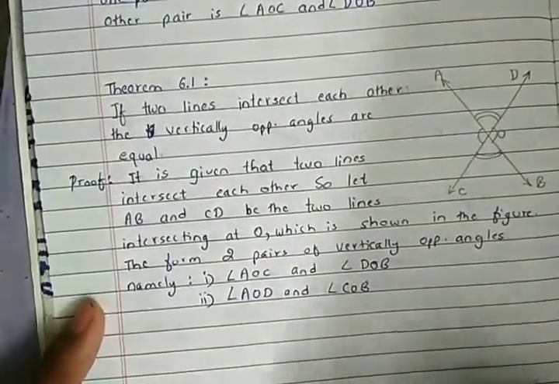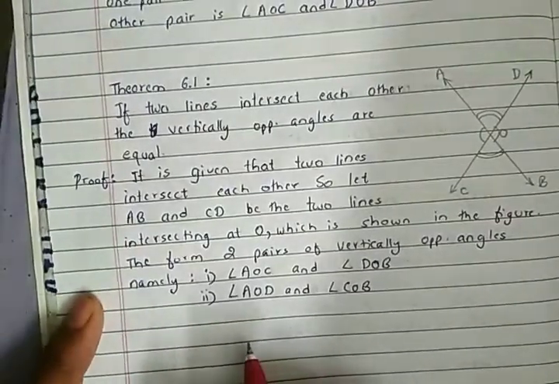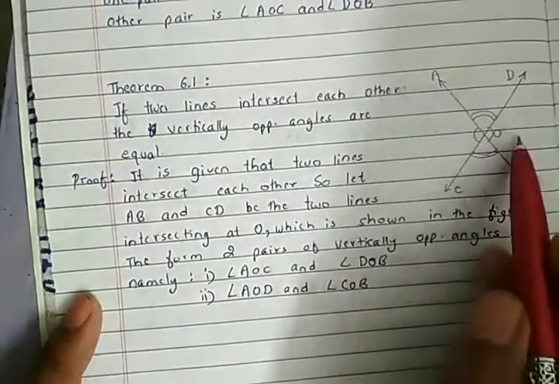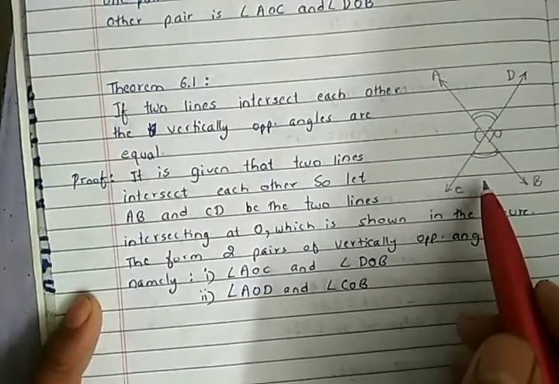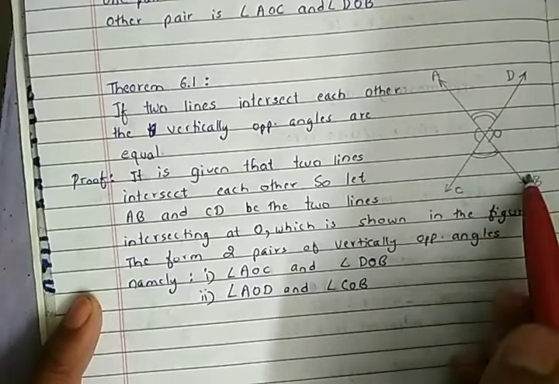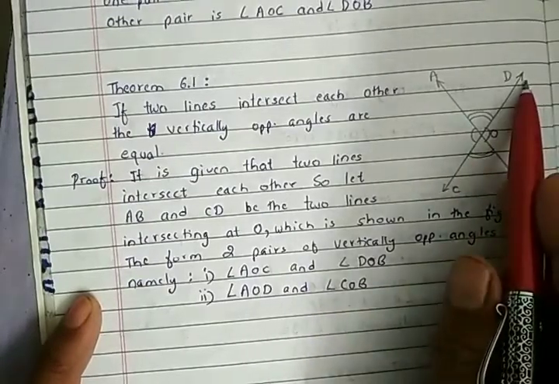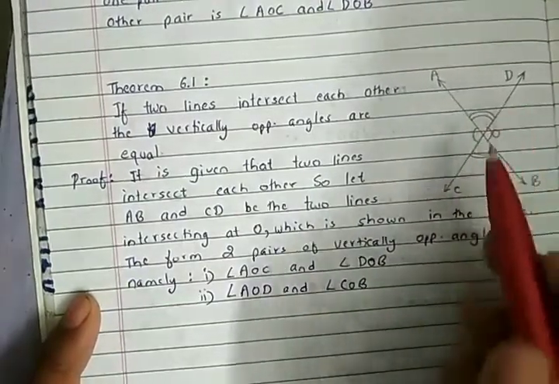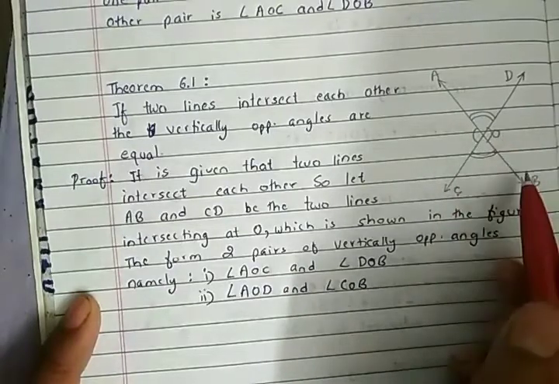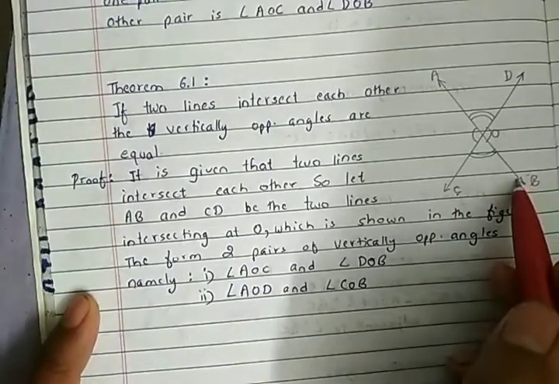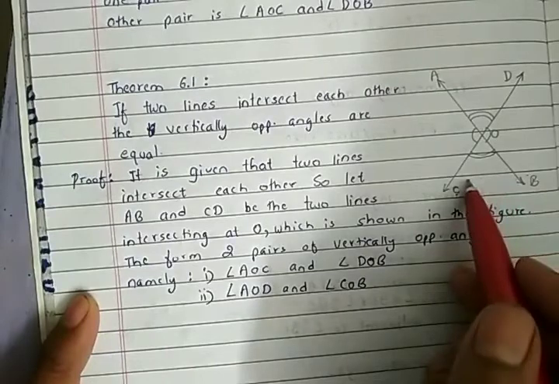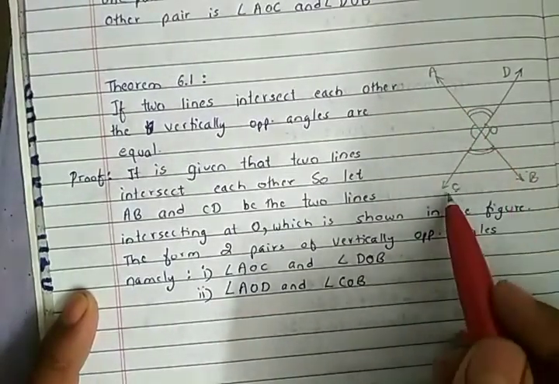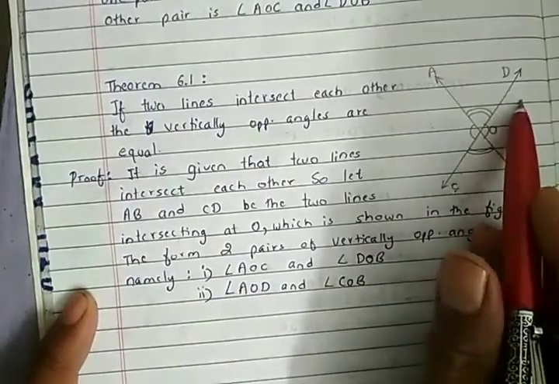Now we have to prove that AOC is equal to BOD, and angle AOD is equal to angle COB. Now, how will we prove this? We know that this ray OA stands on this line CD.